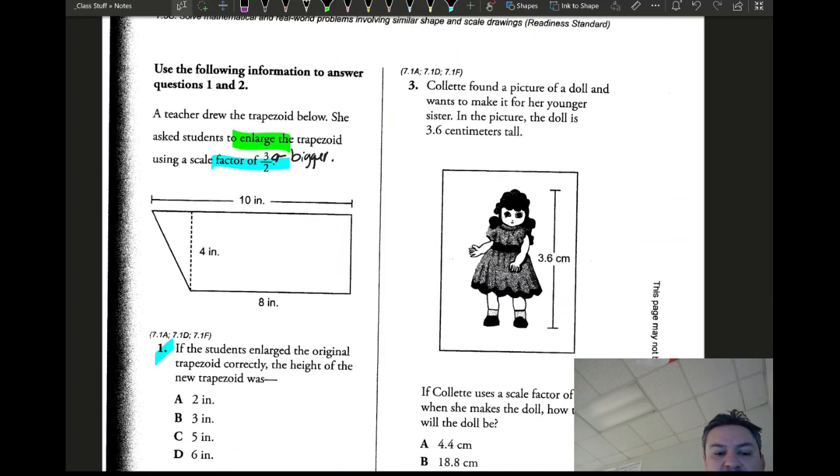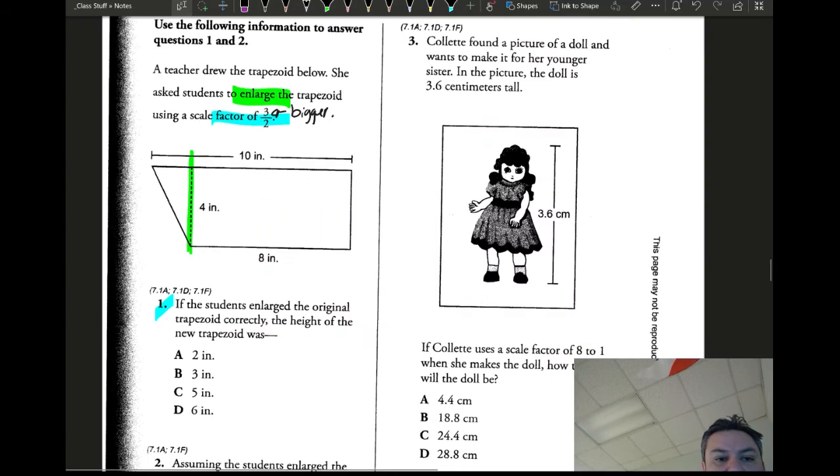It says, if the student enlarged the original trapezoid correctly, the height of the new trapezoid is going to be what? So we're looking for the height right there. So again, we can do the same thing. All you have to do is multiply that times 3/2.